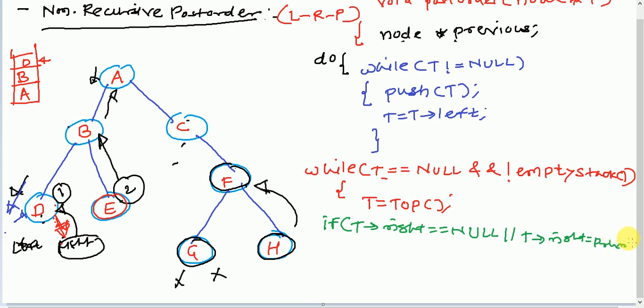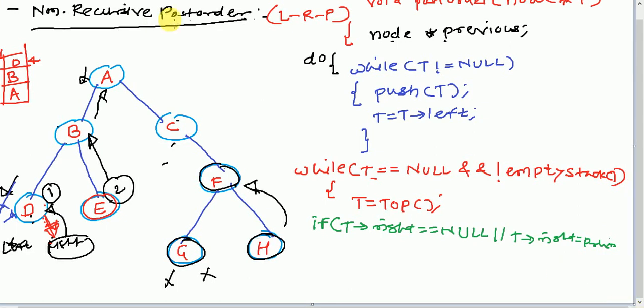So T of right is previous. I'll write it clearly here. Previous node.